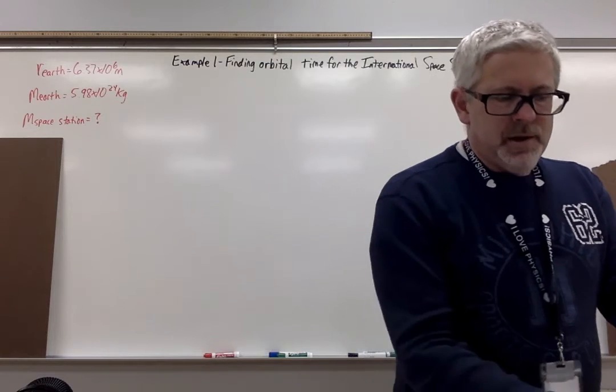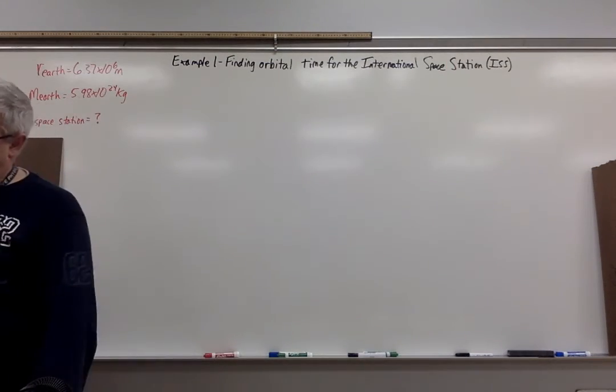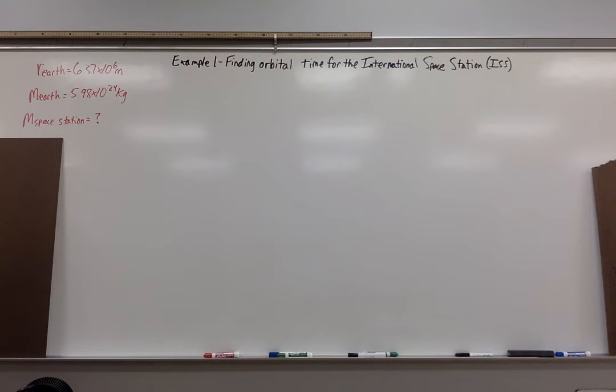The mass of the Earth is 5.98 times 10 to the 24th kilograms, so that's a lot. And the radius of the Earth is 6.37 times 10 to the 6 meters. So that's 6,370 kilometers, about 3,700 miles, I think.